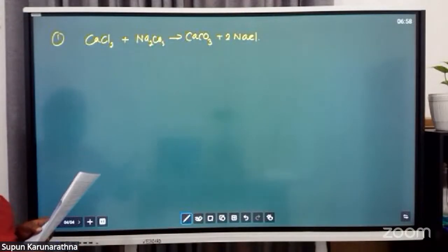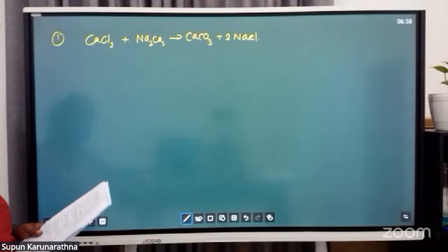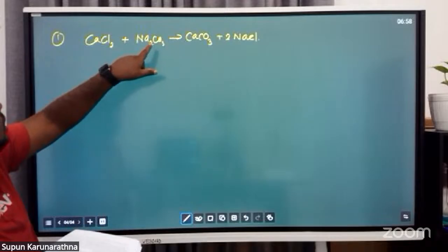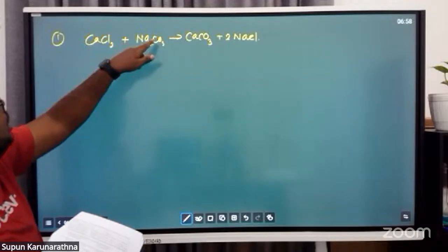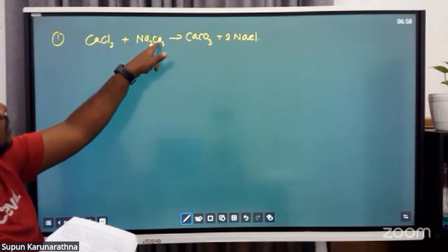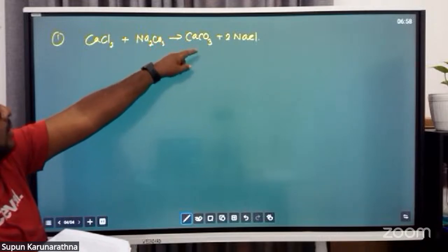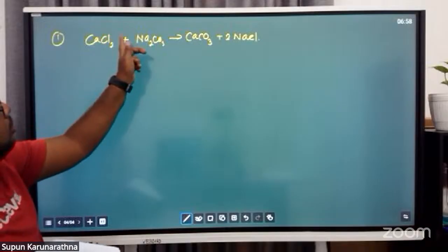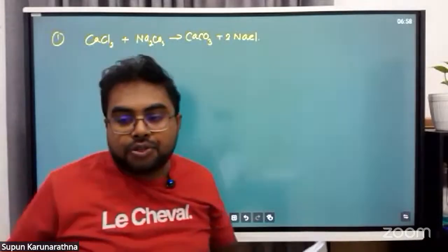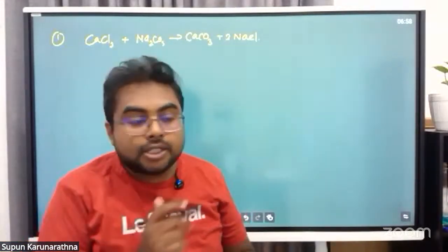What is the type of chemical reaction? What do you think? Out of these 4, you can see that calcium chloride and sodium carbonate react together and form calcium carbonate. They are changed. Calcium makes the bond with carbonate, calcium carbonate. Sodium makes the bond with chloride, sodium chloride. What do we call this? Double displacement reaction.